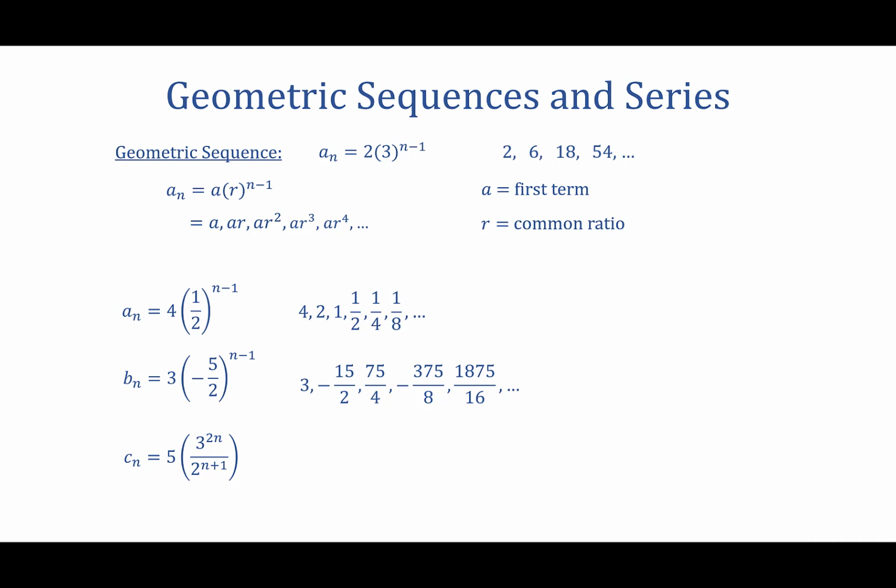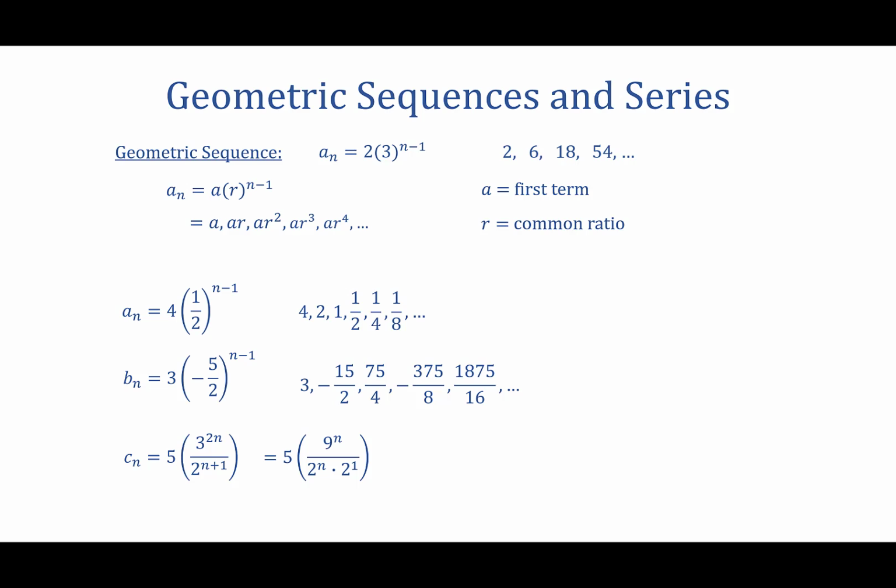This one might look a little tricky, but it's also a geometric sequence. What we can do is use exponent rules to make this look like the form that we want. The numerator, we don't want 2n, we want n. So we can say this is the same thing as 3 squared to the n, or 9 to the n. The denominator, we don't want n plus 1.